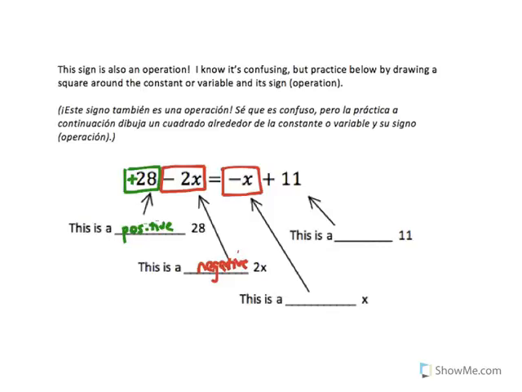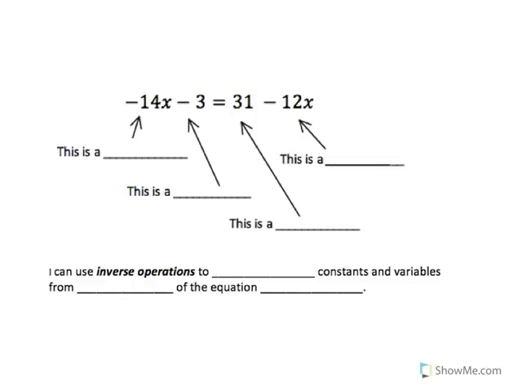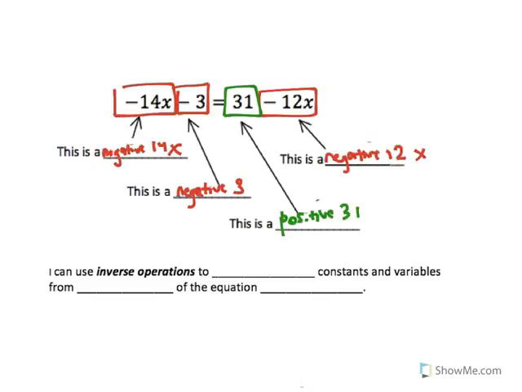This here is a negative x. And this here is a positive 11. You try this on your own. Pause the video, and when you're finished, check your answers. Did you get these answers? Check them on your sheet.